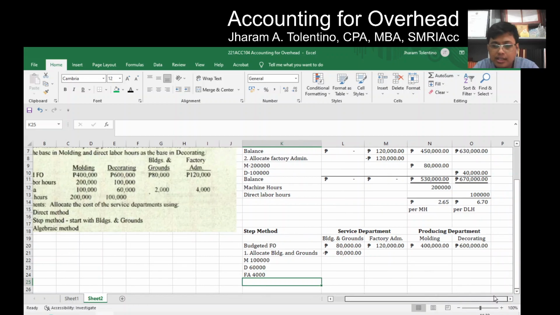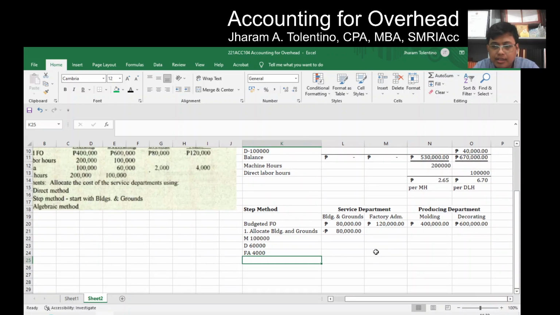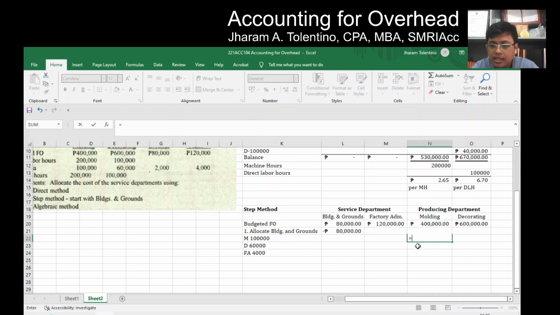164. So, ano gagawin natin? Mag-allocate tayo. Pag-addin mo lang, 100 plus 60 plus 4, that's 164,000. So, yung molding will be given 80,000 times 100,000 over 164,000. Okay?